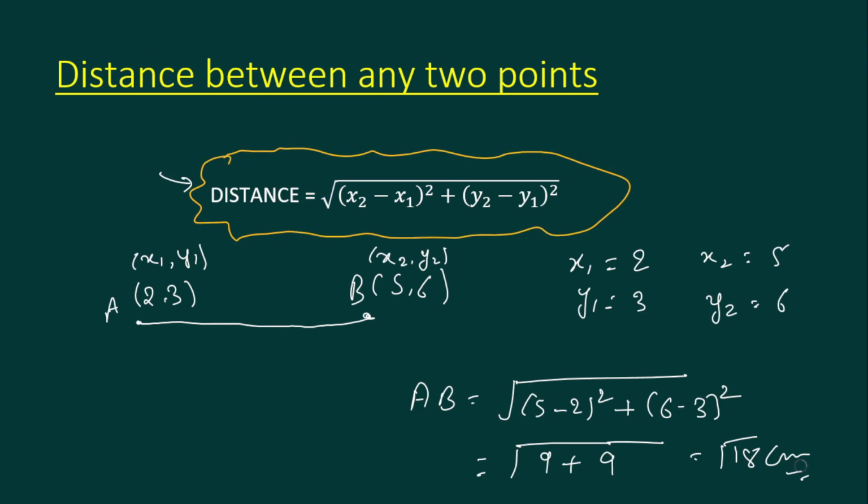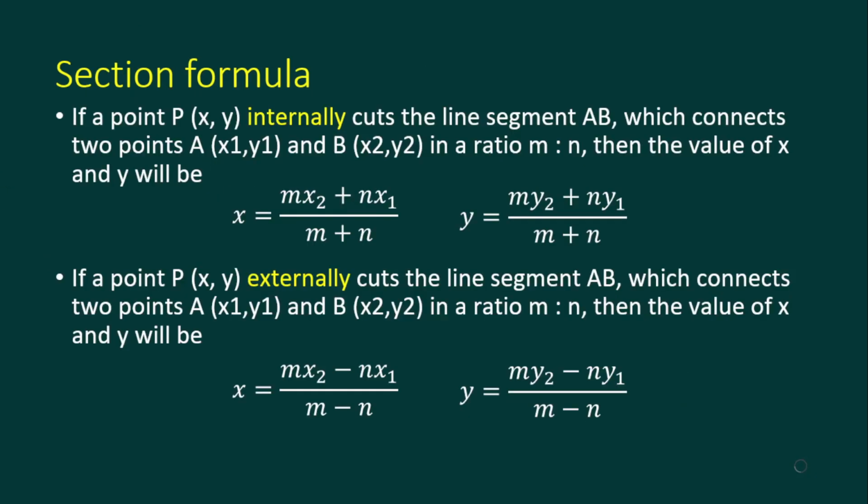Now let's move toward our next formula, that is the section formula. The section formula is used to find the ratio in which a third point divides a line.